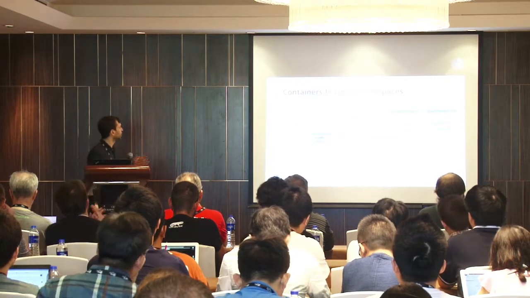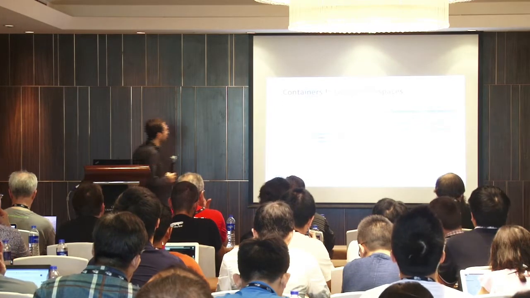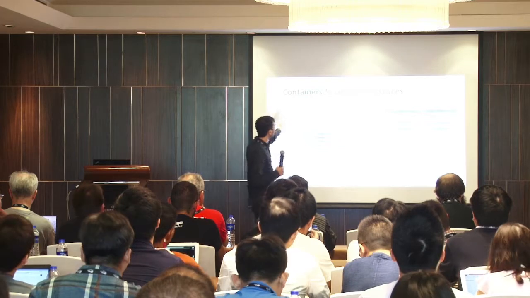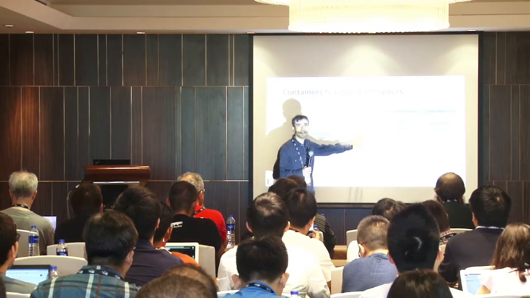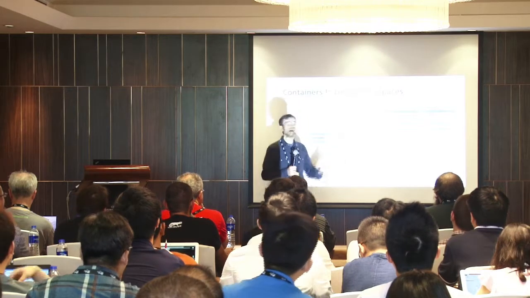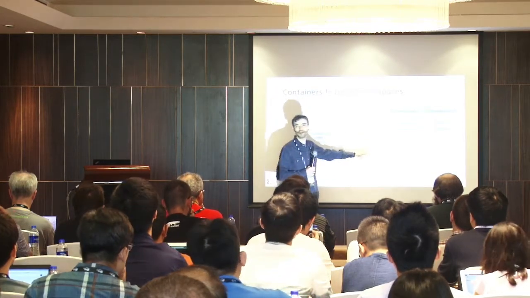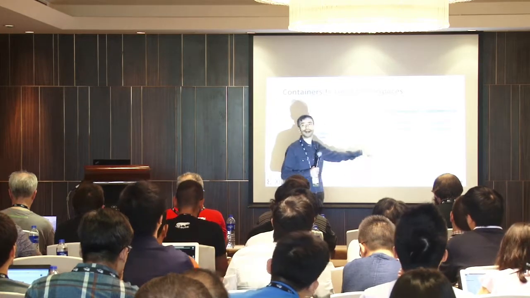So you can use Docker to download your apps from the Docker registry, from the Docker hub, and up to here is all about packaging. It's all about the new cloud RPM format, let's call it that way. And then once you have it on host, then it's about running it.